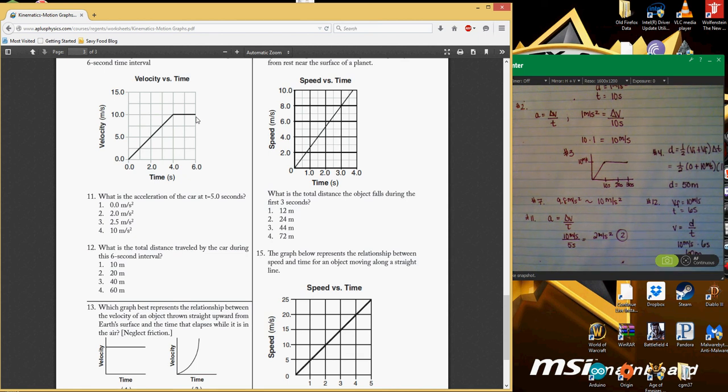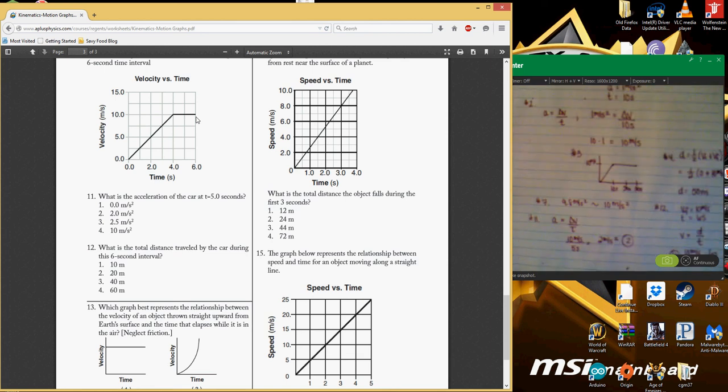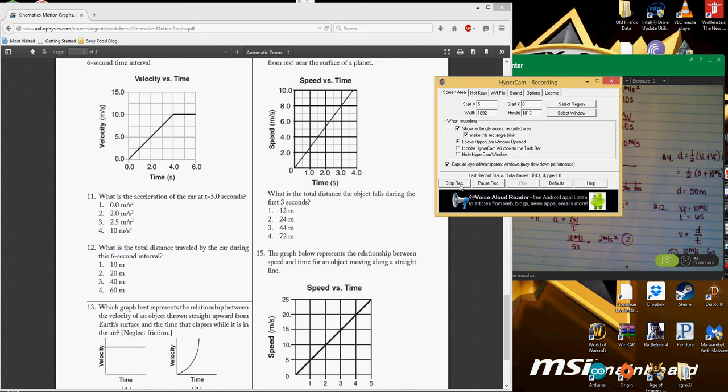But really, because it doesn't change, you can just do the entire thing. You don't have to do it in 2 separate problems, but if you want to, you can. So I know that velocity, maximum velocity, goes from 0 to 10 meters per second. So my final velocity is 10 meters per second. And then I know that the total change in time that has occurred is 6 seconds.